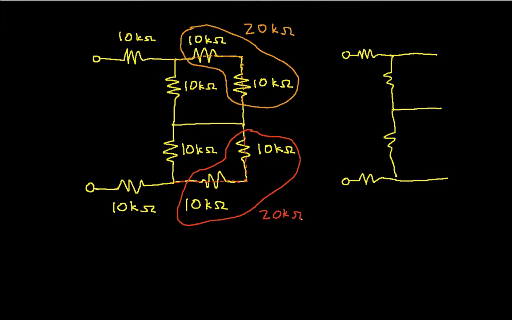So we have our first 20k ohm equivalent resistor and our second equivalent 20k ohm resistor, and all the other resistors are still 10k.